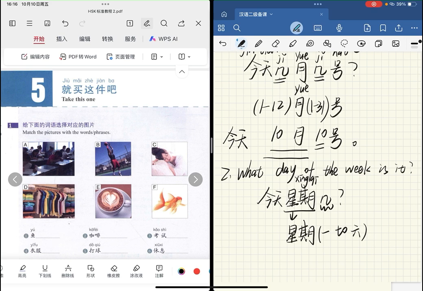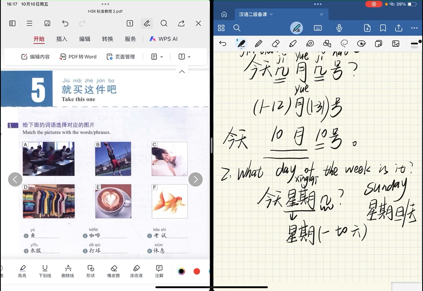So in China, we think Monday is the first day of the week, and Saturday is the 6th day of the week. But Sunday is a special one. For Sunday we don't add the number 7 after the 星期. We add another one, we add the 日 or 天. So Sunday is 星期日 or 星期天.